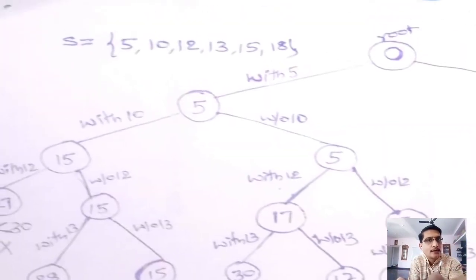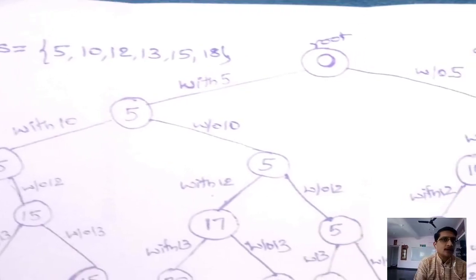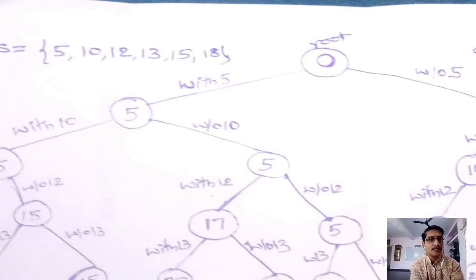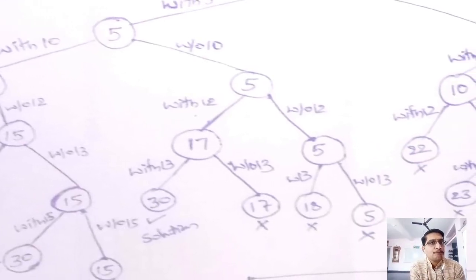We need to backtrack to the second node we have constructed, that is 5. Now we will see the other possible solutions. Without 10, with 5, 0 plus 5 is 5. Next, 5 plus 12 is 17.